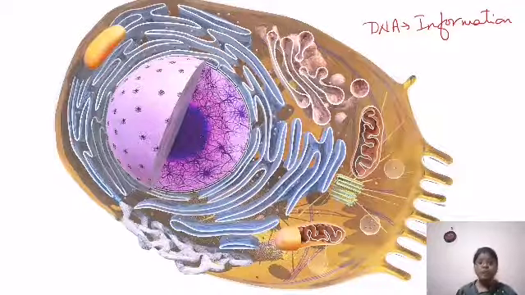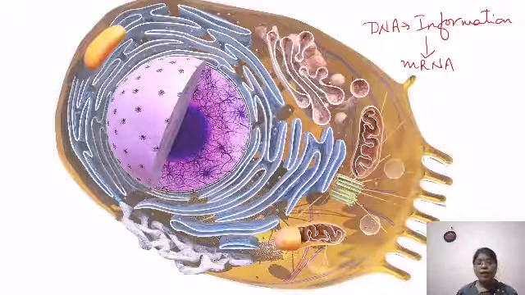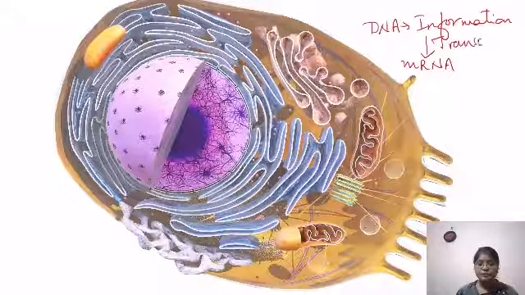Similarly in your body, DNA has this information. Now it passes that information in the form of messenger RNA, mRNA we call it, and this process is called transcription. You will read about it in higher classes.